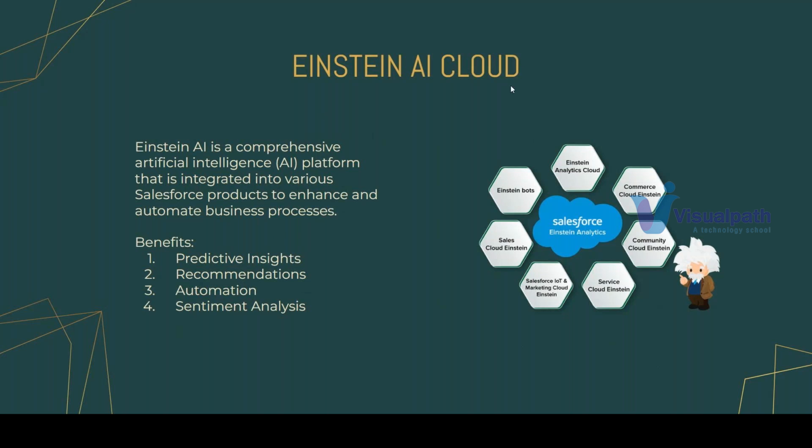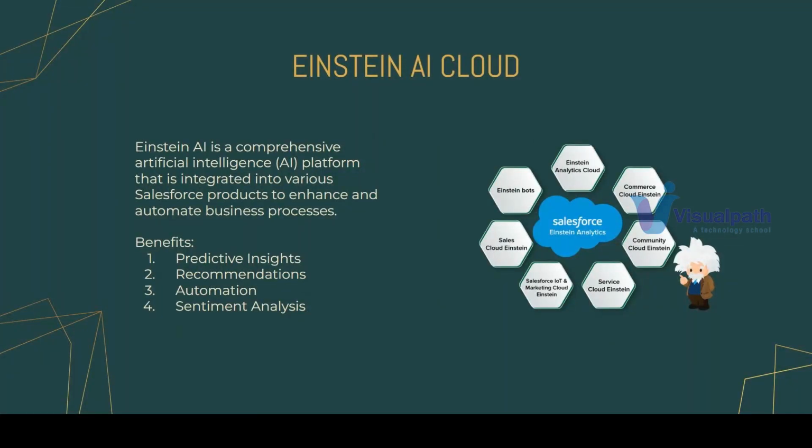At the back end it is all about the artificial intelligence which is in place, right? If you see the benefits, it's predictive insights which I mentioned, recommendations, automation, automating certain processes, and sentiment analysis. Sentiment analysis, as the name suggests, works with the sentiments of the customers.